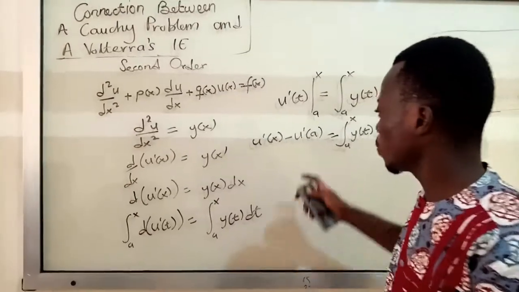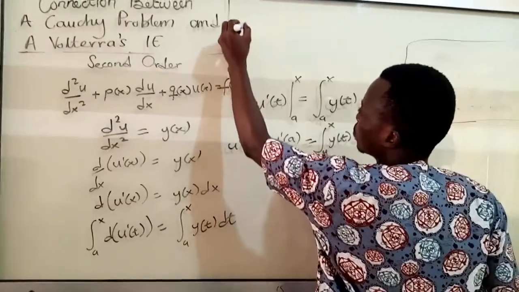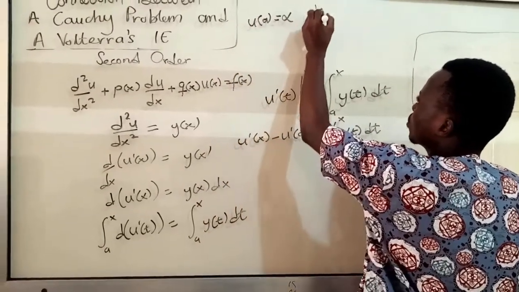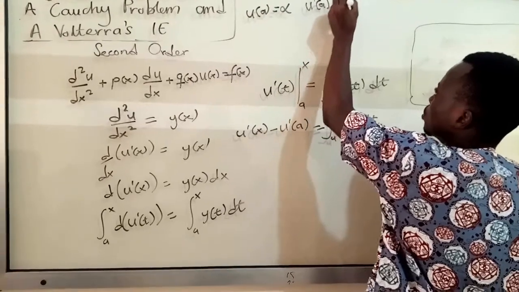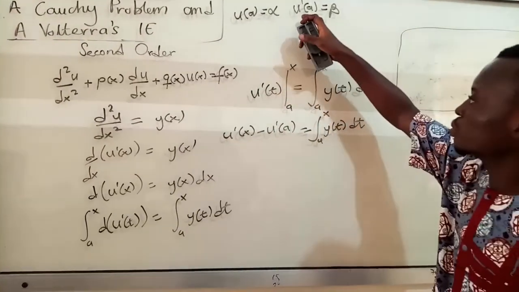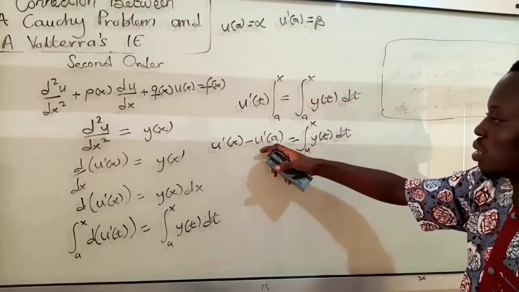Now we know our u prime of a to be beta. We have u of a equal to alpha and u prime of a equal to beta. So let's substitute this u prime of a into this.